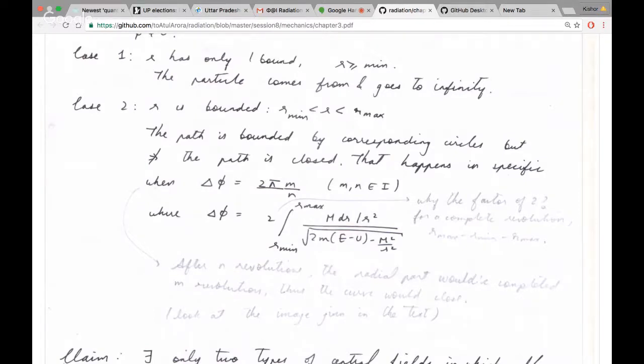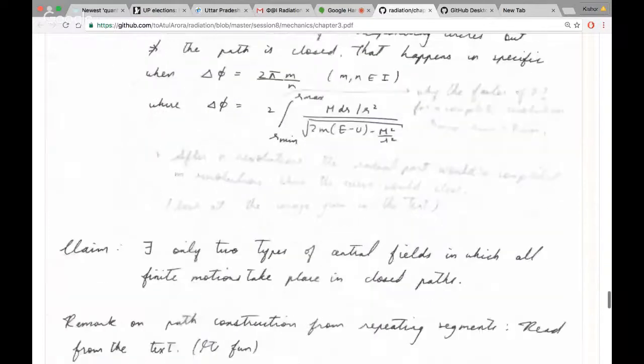Basically, if it's rational, then only will the curve be closed. So the claim is that there exist only two types of central fields in which all finite motions take place in closed paths.